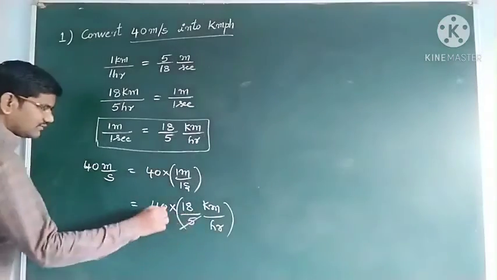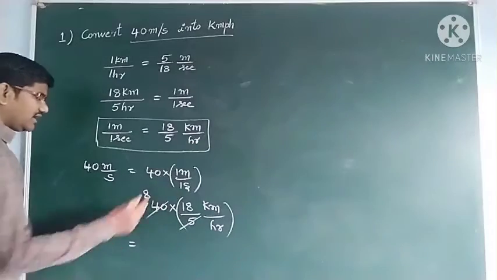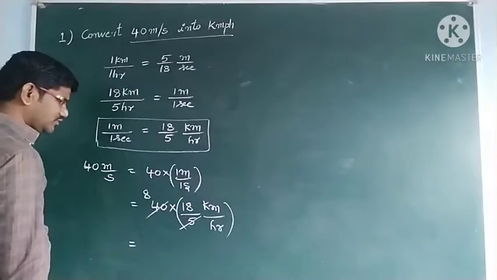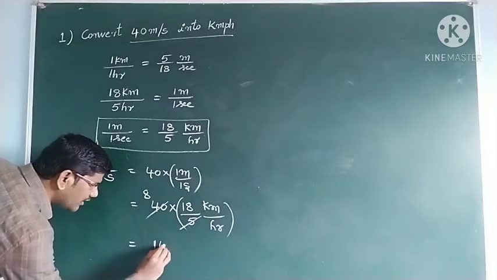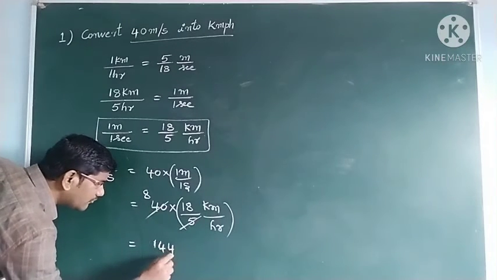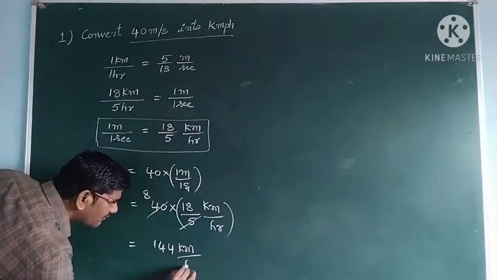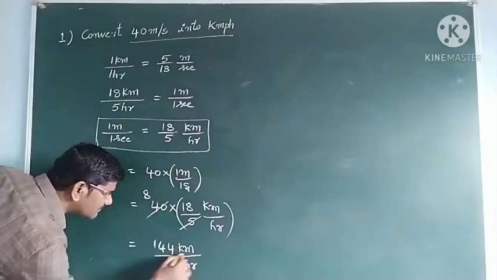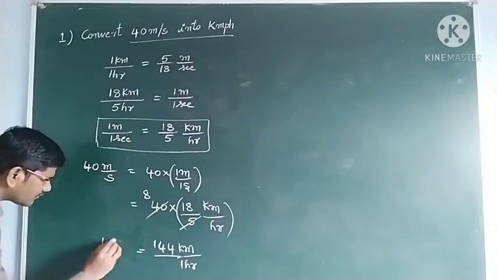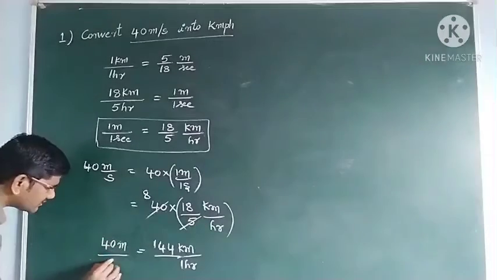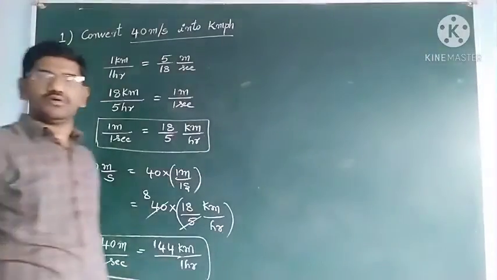Then 5 8s are 40 and 18 into 8 is 144. So this is the answer: 144 kilometer per hour is equal to 40 meters per second.